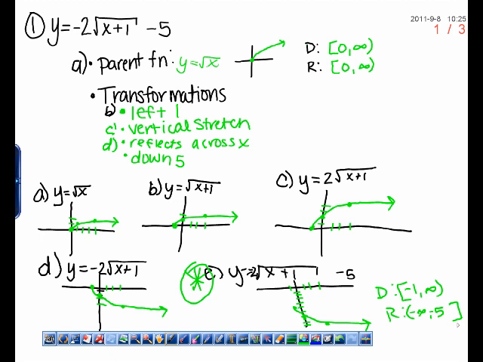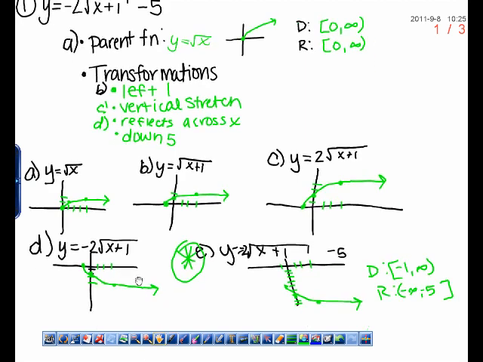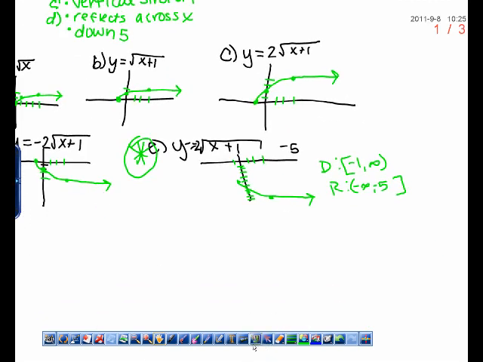What questions do you have? Yeah, Emily. For the range? For the range? Domain and range? Okay, so we're looking at this. Let me move this up. This projector is kind of blurry. Okay, so we're looking at our final function. So we're not worried about any of the domains of anything else.